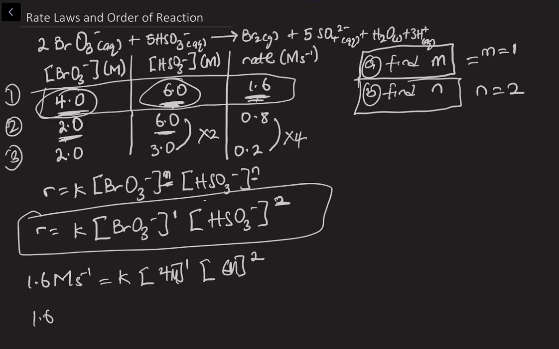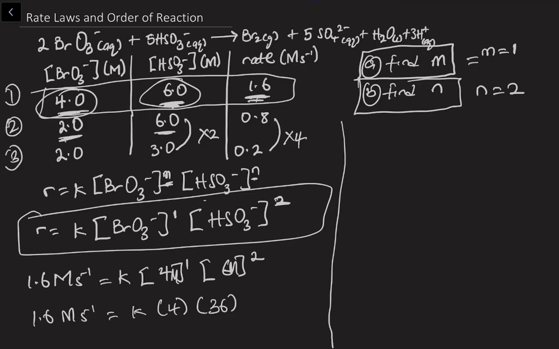So 1.6 molar per second equals K times 4 times 36. Just come to this side, right?